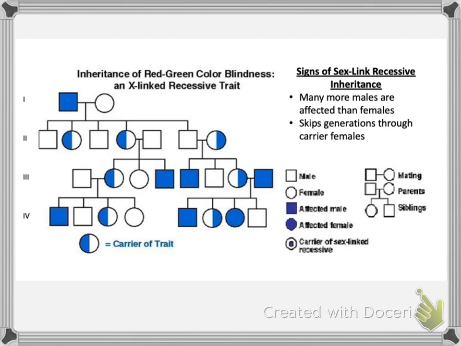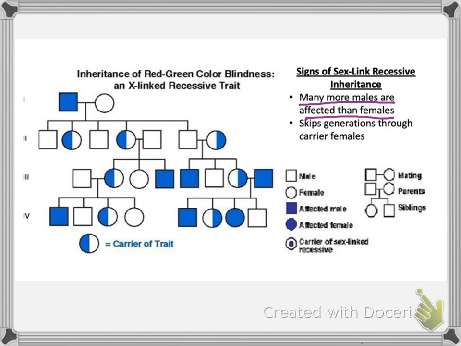All right, so let's look at pedigrees with sex-linked inheritance. So we're looking at sex-linked recessive inheritance. So sex-linked recessive, first off, many more males are affected than females. In this case, they went ahead and colored in their carriers to stress the point that carriers could potentially pass it on to their offspring.